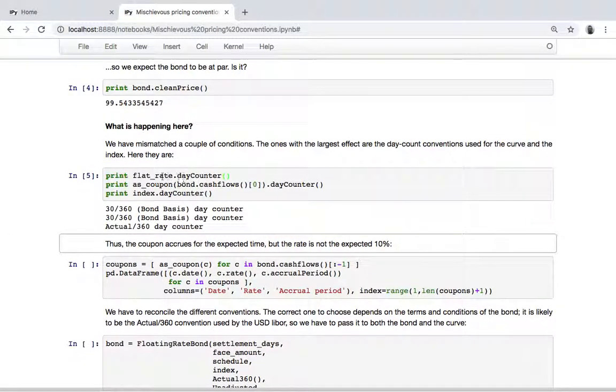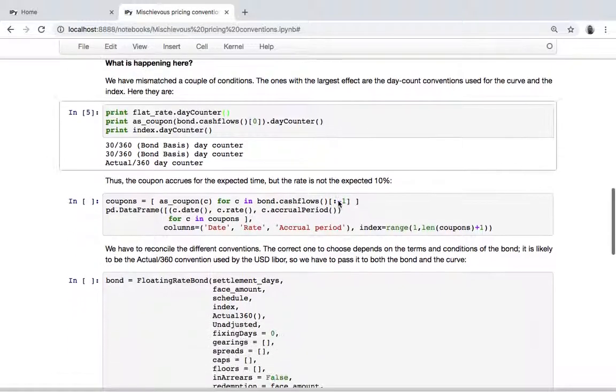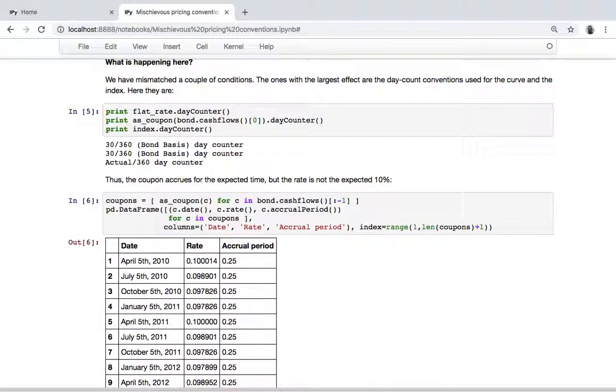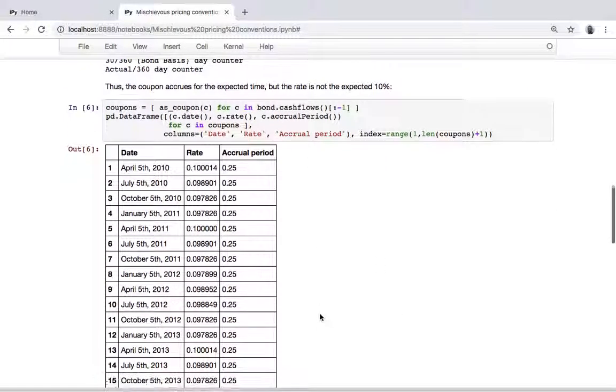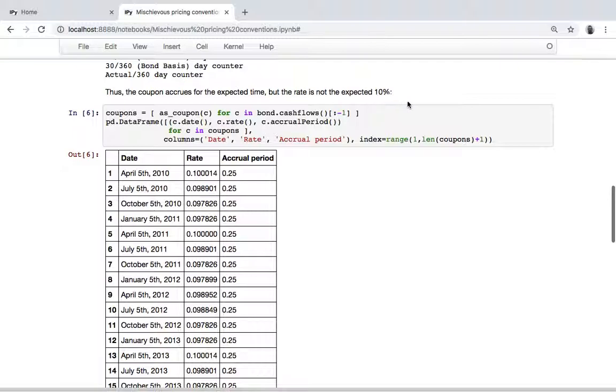Here is what we had used for the curve and the bond, and instead, what the day counter for the index was. What happens here is the coupon accrues for the expected time, because 30/360 gives us the expected 0.25 for quarterly coupons, but the rate is not the expected 10%.